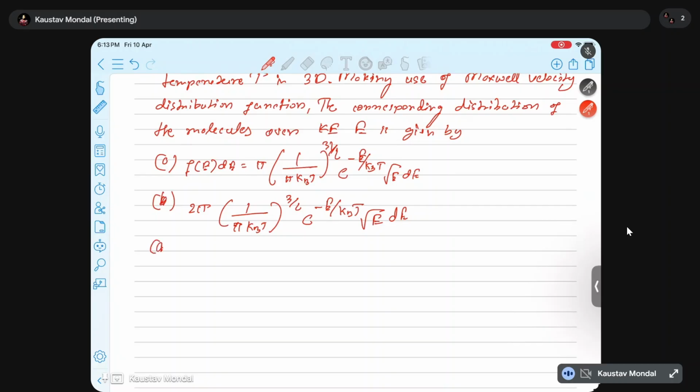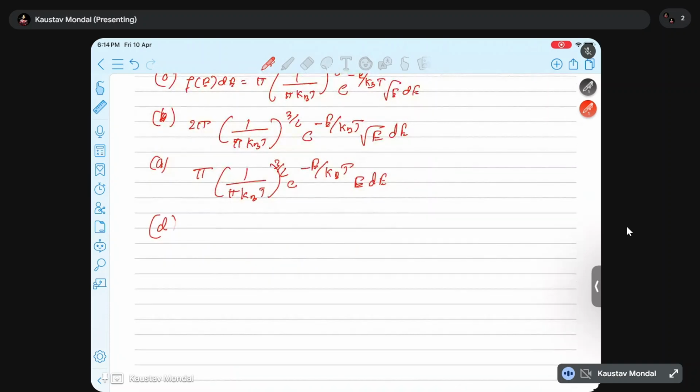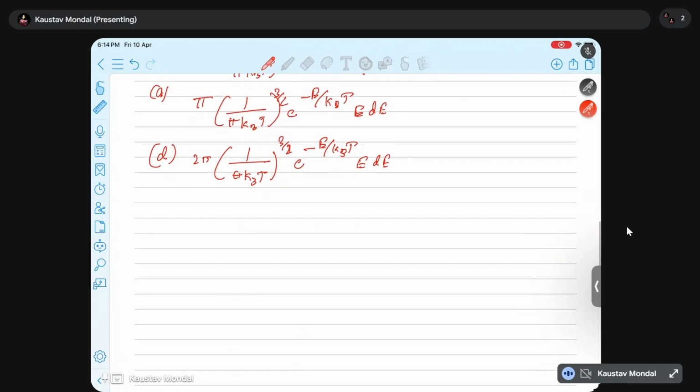Option C is pi, 1 by pi kBT to the power 3 by 2, e to the power minus E by kBT, dE, and option D is 2 pi into 1 by pi kBT to the power 3 by 2, e to the power minus E by kBT, dE. Okay. These are the options given, so we have to evaluate.